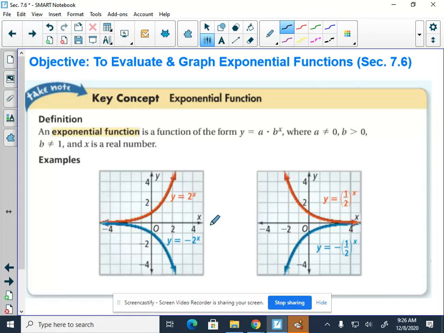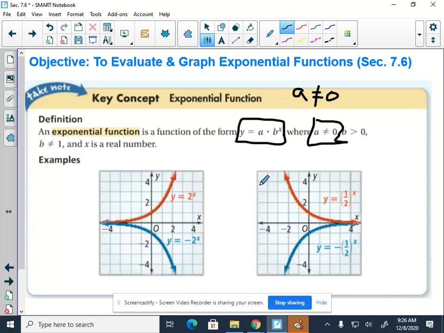In the next part, as we graph exponential functions, again, it's in the form y equals a b to the x, which you may want to write, since it's not on your paper. And a can't be 0, so you're going to want to write this down in the second section. When you see an equal sign with a line through it, that means a is not equal to 0.